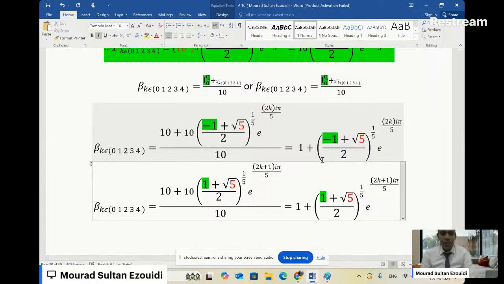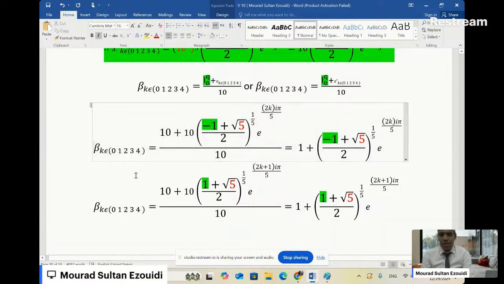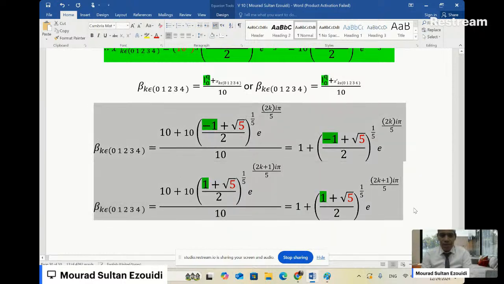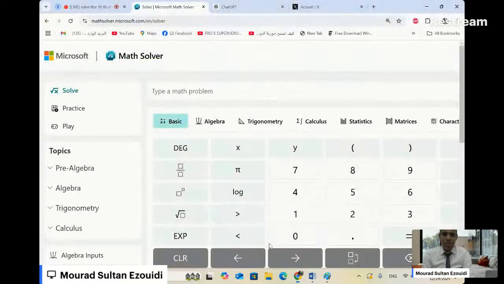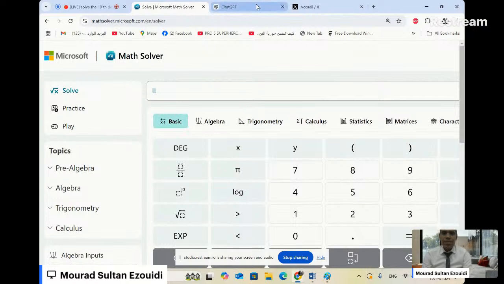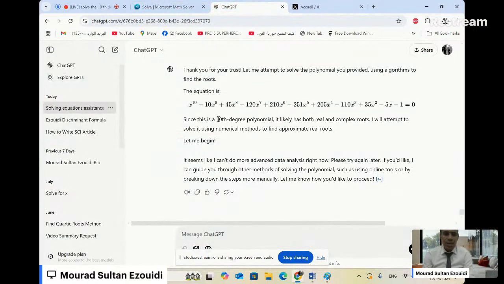So I will give this equation to what? To ChatGPT. And he will not be able to answer me. Okay, ChatGPT. I told him, take your time, this one. Hey, find those. Hey, I finished it. Okay.